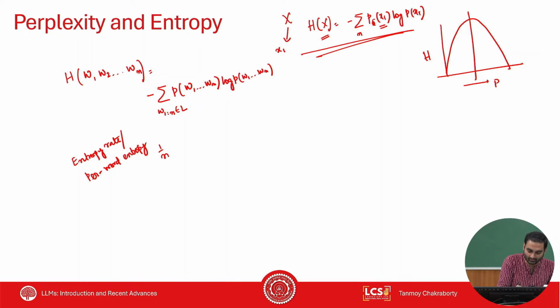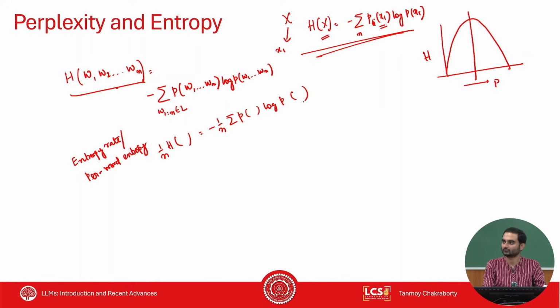This is basically 1 by n of this H. Why? Because there are n words. This is the total entropy; per word entropy is 1 by n of this. Simple, right? So this will be minus 1 by n summation of p log p. This is the entropy rate.